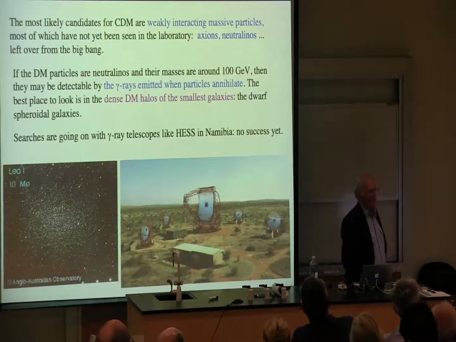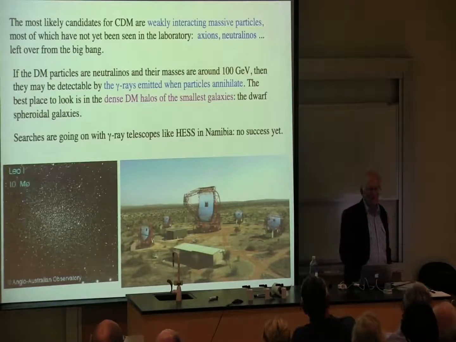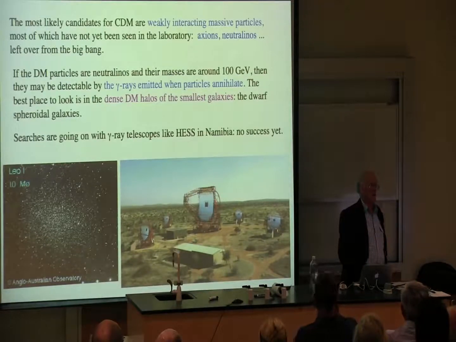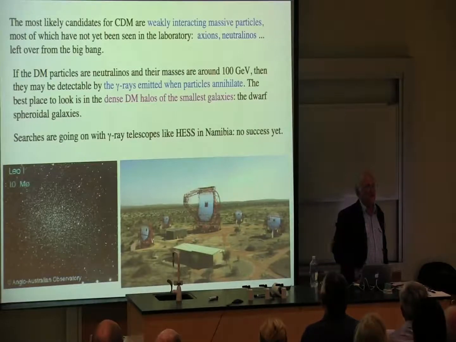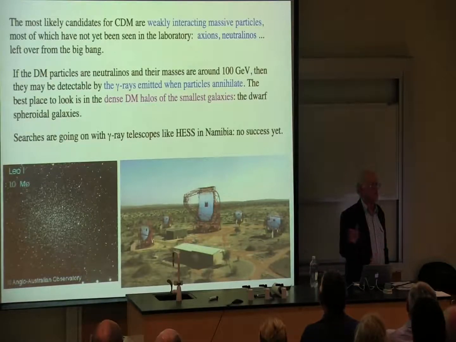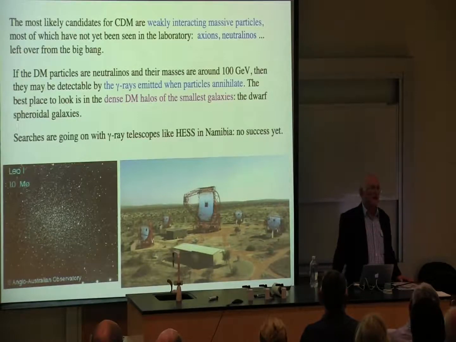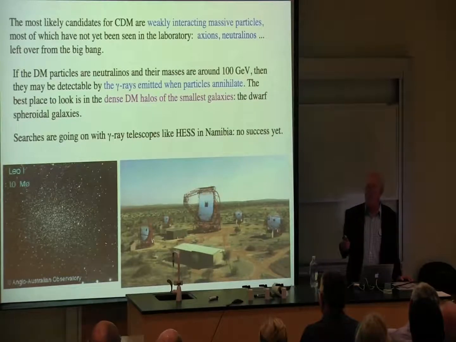I'd absolutely agree with them. The particle side of it depends very much on particles that have not been seen. The neutralino is in the domain of supersymmetry theory. Don't ask me any questions about that. I'm not a particle physicist, but if it turns out that supersymmetry is incorrect, and that's the way that things seem to be going from the Large Hadron Collider, then the whole idea of neutralinos may well collapse.